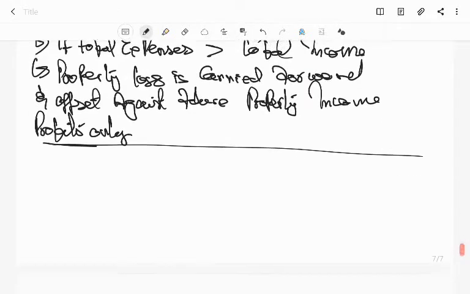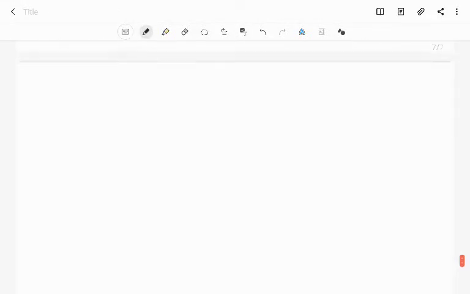Then we have finance expenses on property income.